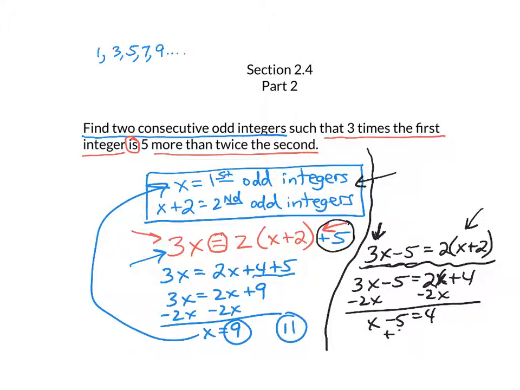I'm going to add 5 to both sides. I get x is equal to 9. I still get exactly the same answers, but it was a different equation that I had. Remember, you can have more than one correct equation for the problem. It just depends upon how you want to go through and set it up.